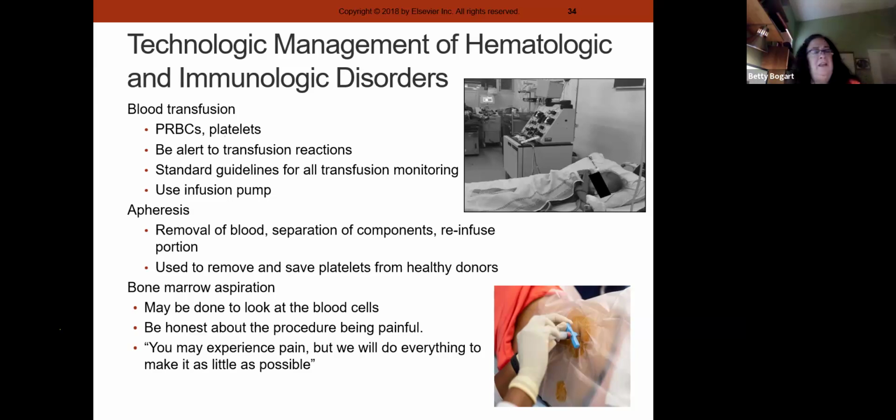Now, has anybody ever seen a bone marrow aspiration done? Whether it's in the chest or in the hip, it's quite intense. What they do is position your child, maybe like that picture on the bottom, on the side, and that's going into the iliac crest of the hip bone. They'll numb it a little bit with lidocaine.